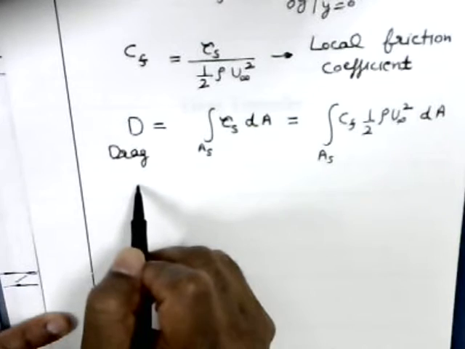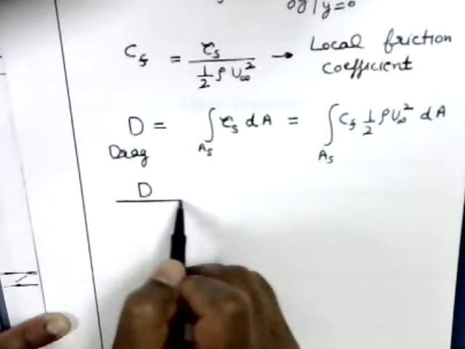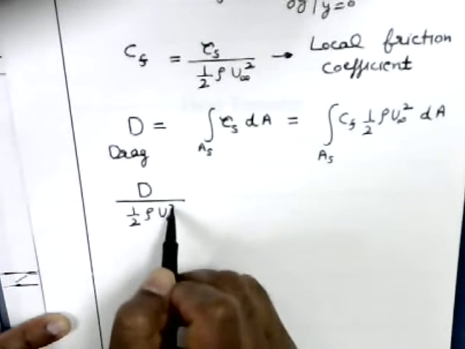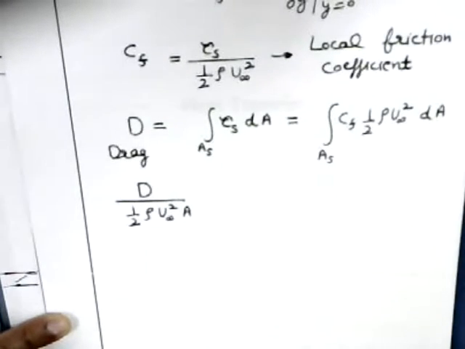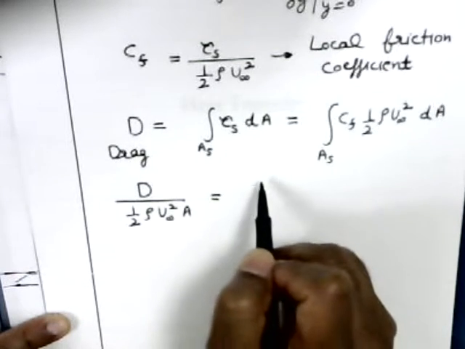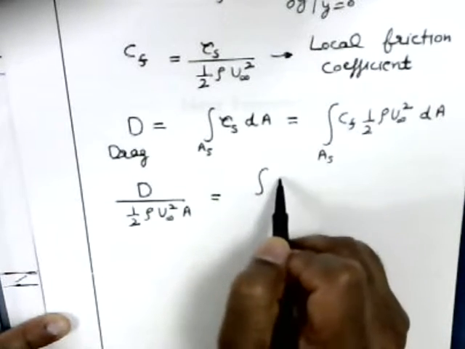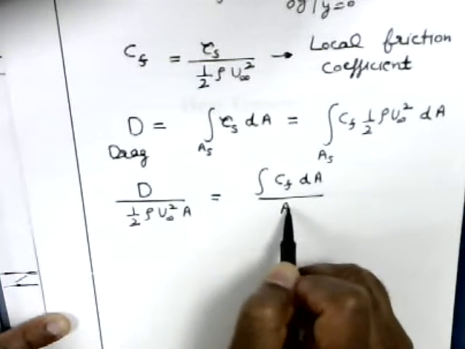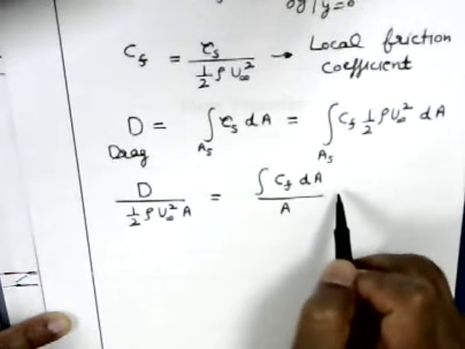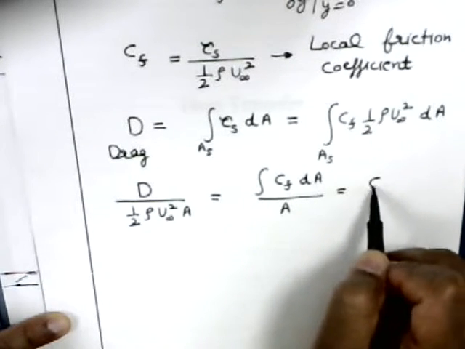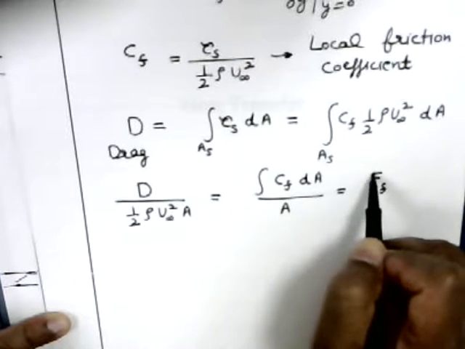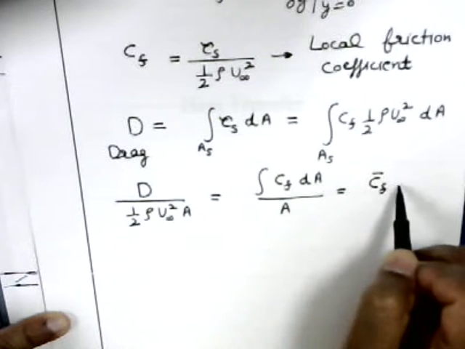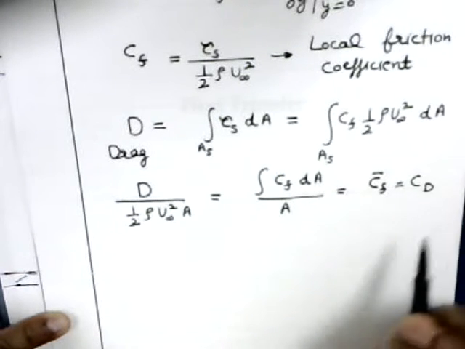We can non-dimensionalize it in this way: D over half rho u infinity squared times the surface area A will be equal to, based on this equation, the integral of Cf dA over A. And this you can call an average friction coefficient, so we put a bar on top of that. This is also called the coefficient of drag, so sometimes you write that as CD.